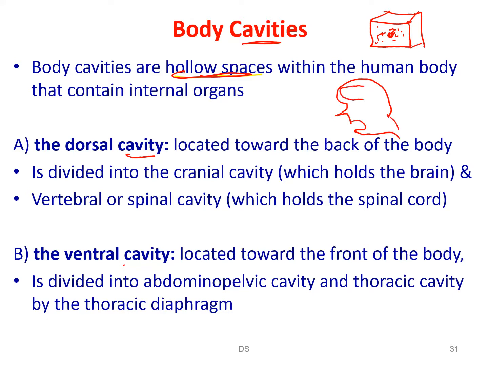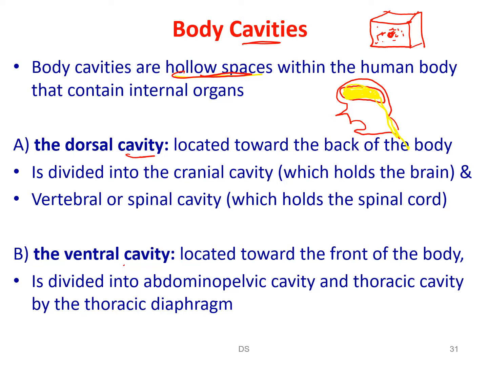There is a cavity which holds the brain. The yellow color is the brain and spinal cord extended. This hollow space which holds the brain is called the cranial cavity.